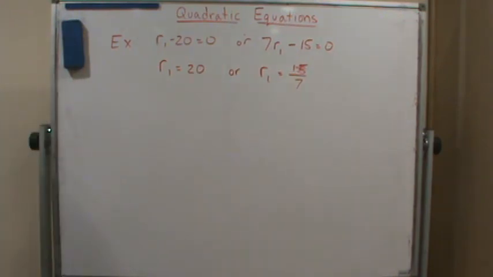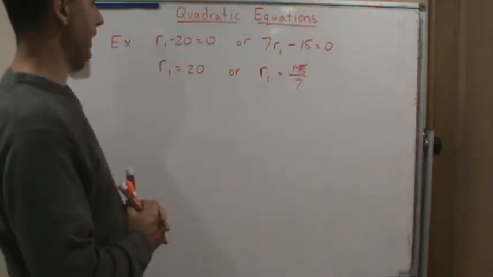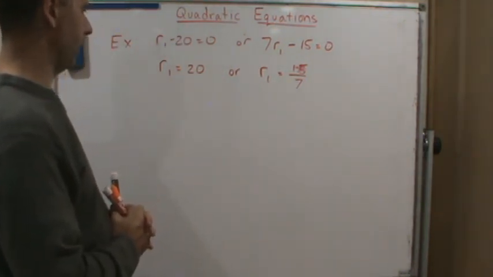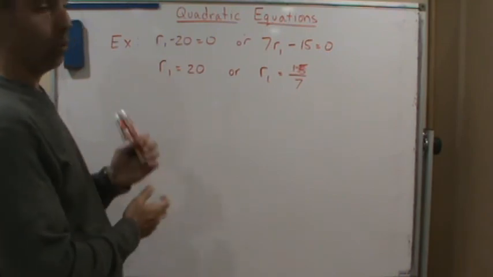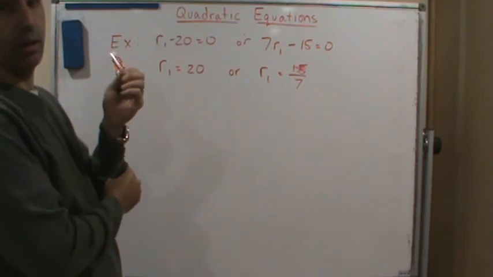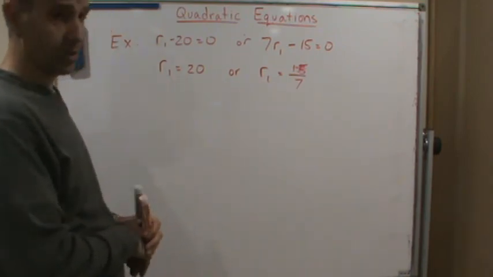Okay, so let's remember what question they were trying to answer. It says find its average speed to the camp. Well, R1 was to the camp, so these are the answers for the camp.